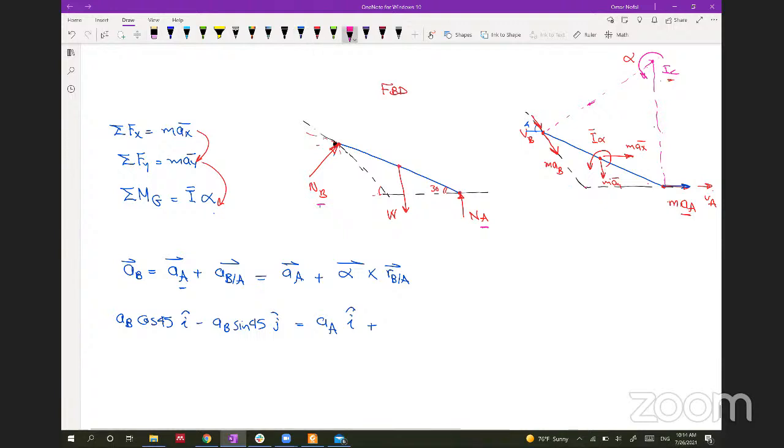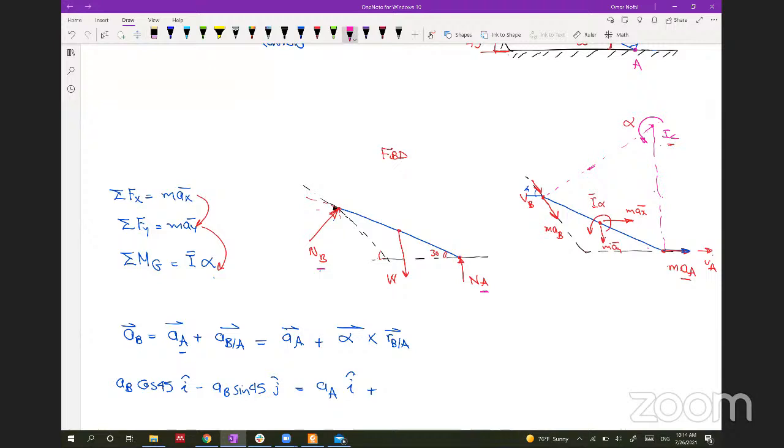So this is our body, and we know the angle here is 30 degrees, and from here to here, this is point A and this is point B, so this is RB with respect to A. So RB with respect to A has a component in X and a component in Y, and this will be equal to, so let's put alpha, and I assume the alpha is counterclockwise, so it will have a positive direction if you use your right hand rule.